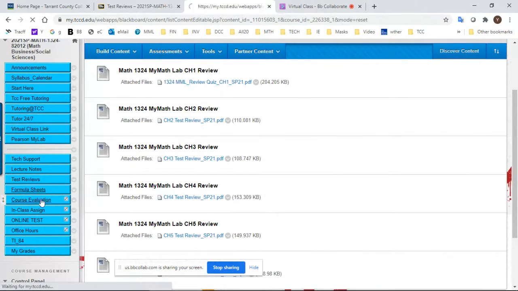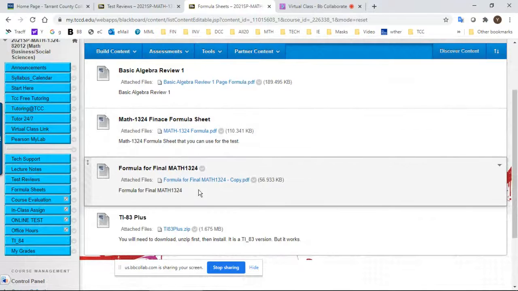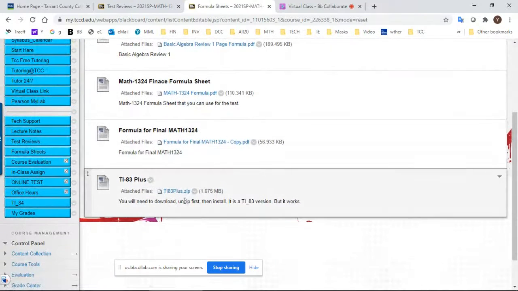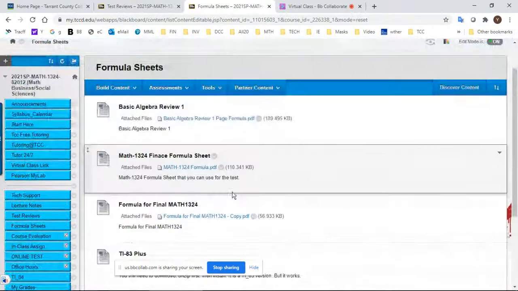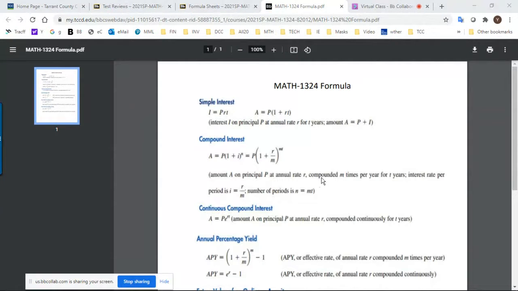Okay, so the formula sheet right here, this is what I'm talking about. You have a chapter 3 formula sheet. Okay, so you also have a finance formula sheet. This is very helpful.